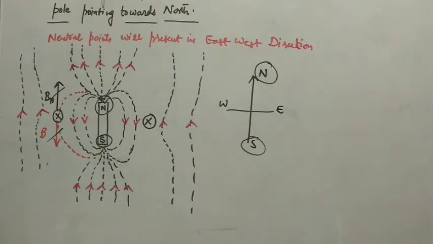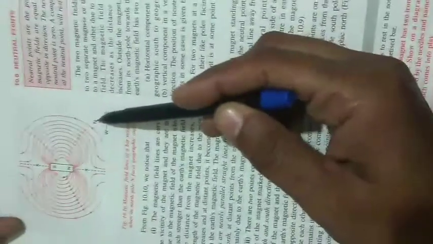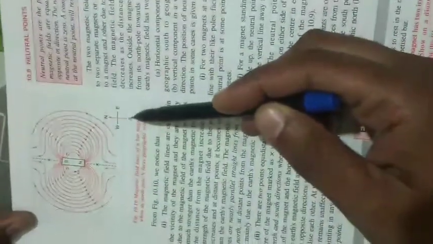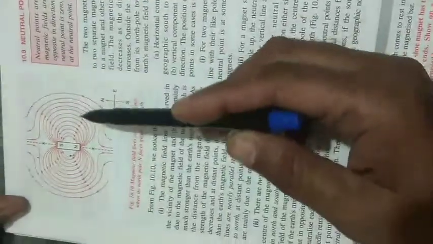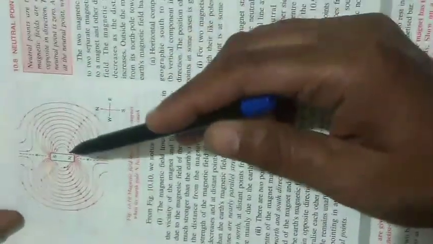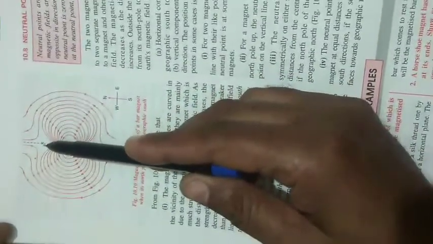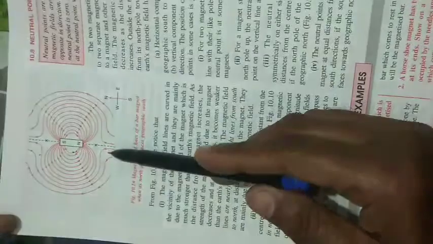And this is the second case, when the magnet's south pole is towards north and the magnet's north pole is towards geographic south. In this case, the neutral points are always along the same line, that is north and south.